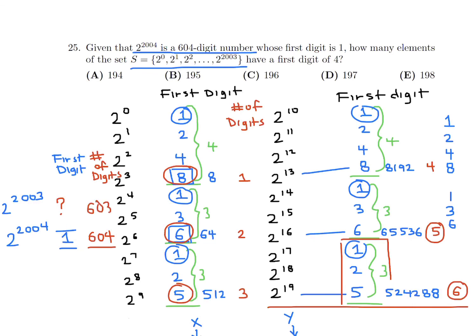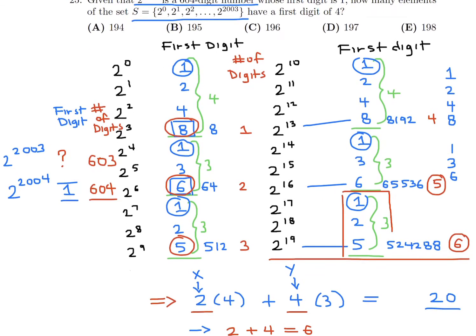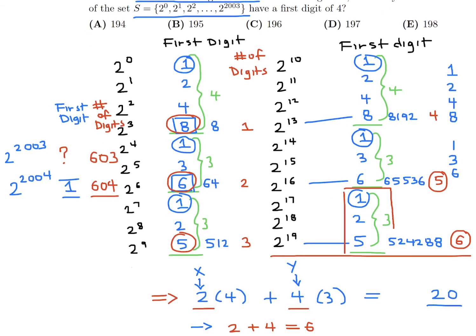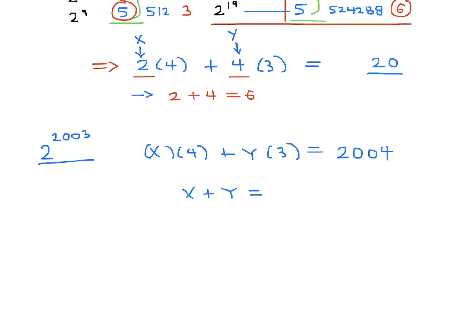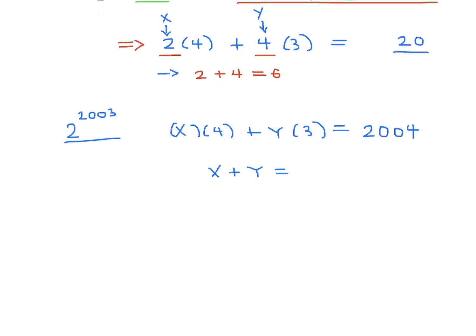So it's 1 less, and this has 603 digits. I wanted to take that slow there. 2 to the power of 2003 has 603 digits. All right, let's go back to our formula. x plus y equals the number of digits in the very last term. 2 to the power of 2003, we just figured out, has 603 digits.